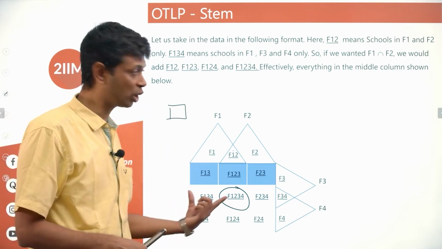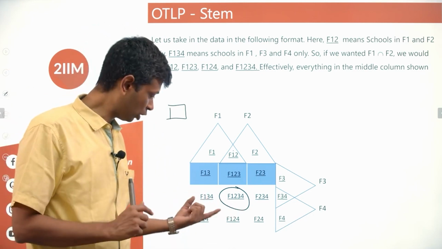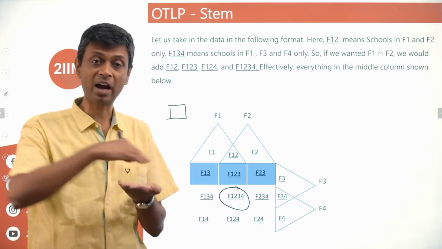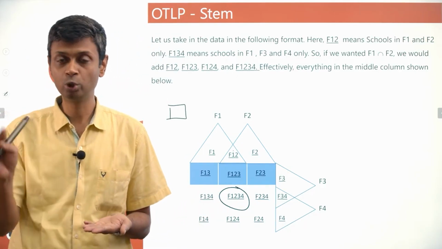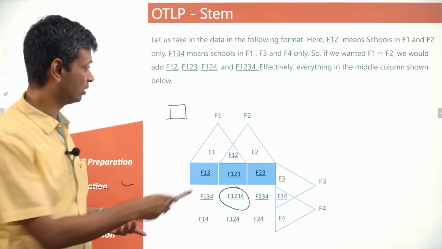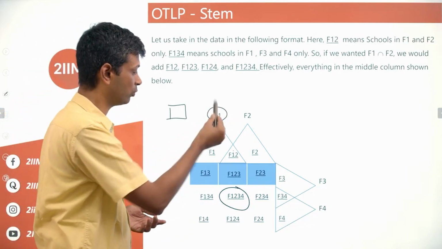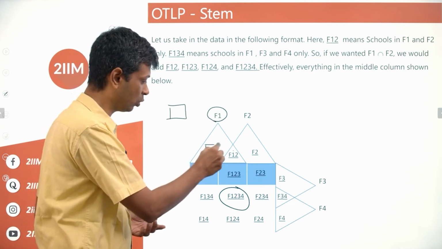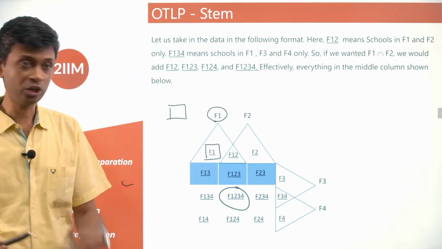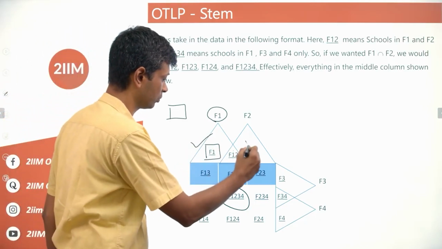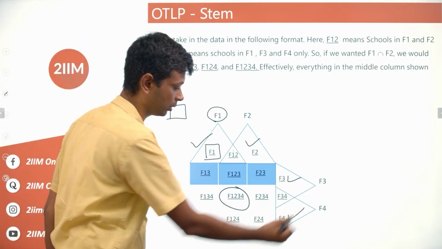Now, this is the framework you're using. But remember, when I'm talking about this region as F1, 3, 4, which I've underlined, that is F1, 3, and 4 only, no 2 in it. Whereas this number F1 is all of F1. This is F1 only. And so, if we look at it, the question has already given us this number, this number, this number, this number.